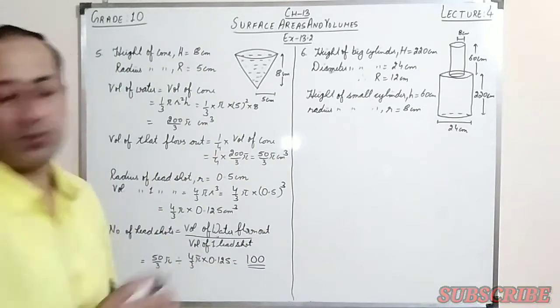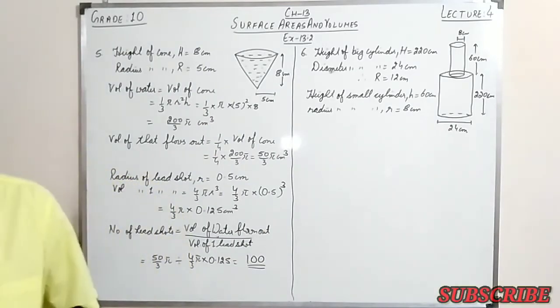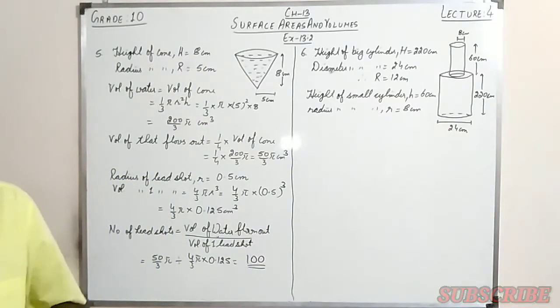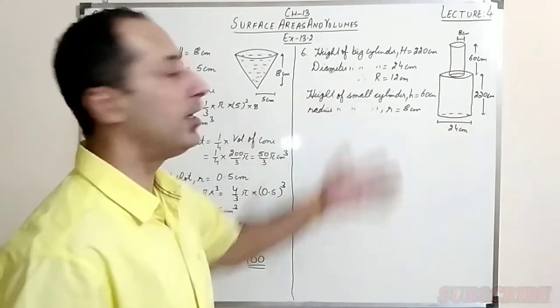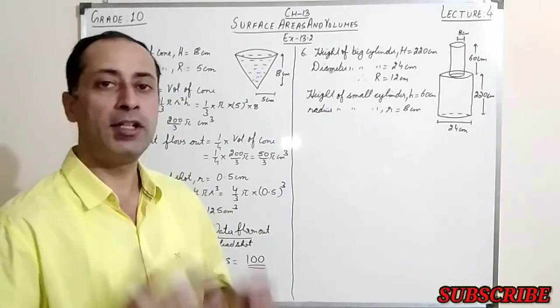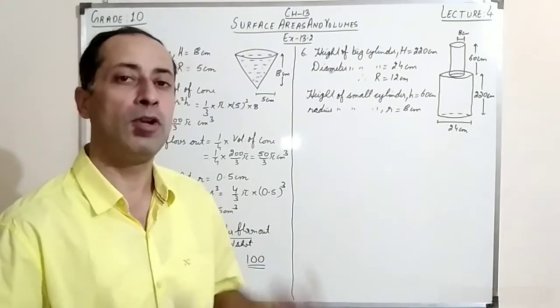Now what we have to find in this question, it's given that the density of this iron is 8 gram for 1 centimeter cube. So we have to find the total mass of this object. So to find the total mass, we should find first the total volume of this object.